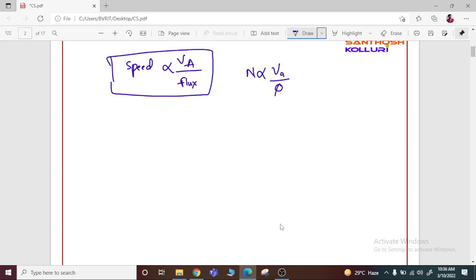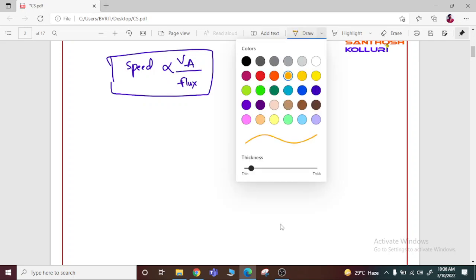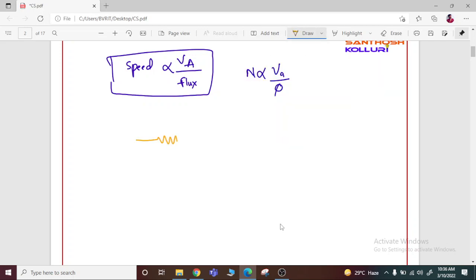If I write the armature circuit in the DC motor, the circuit will be like this, having RA and LA, having the back EMF EB, this is the motor back EMF, and this is the armature voltage VA, and a current of IA is flowing through the circuit.